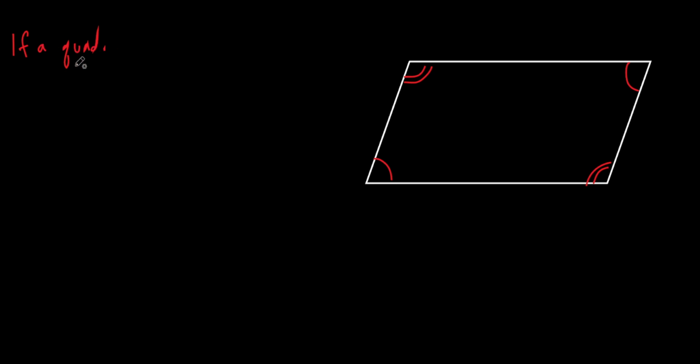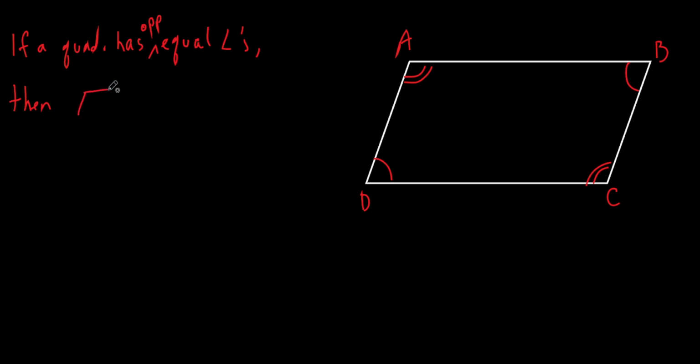If a quadrilateral has opposite equal angles, then, and does this have opposite equal angles? Yeah, the angles that are opposite each other are equal to each other. Then guess what this thing is? We'll call it ABCD again. I'll just call it the same thing every time. Then we have a parallelogram ABCD.